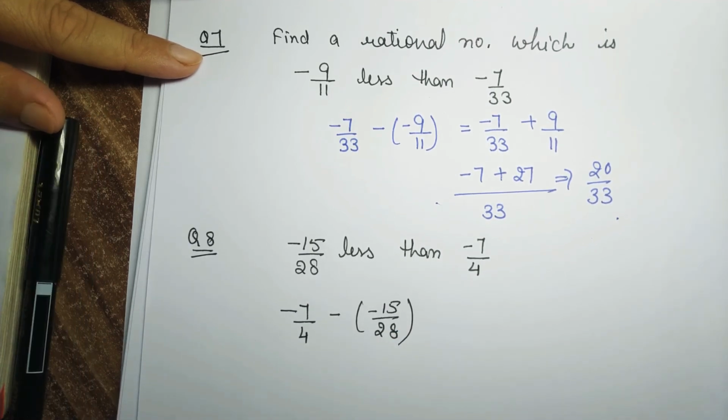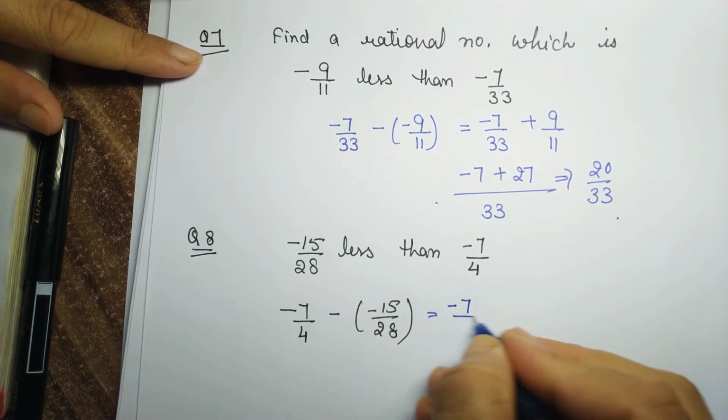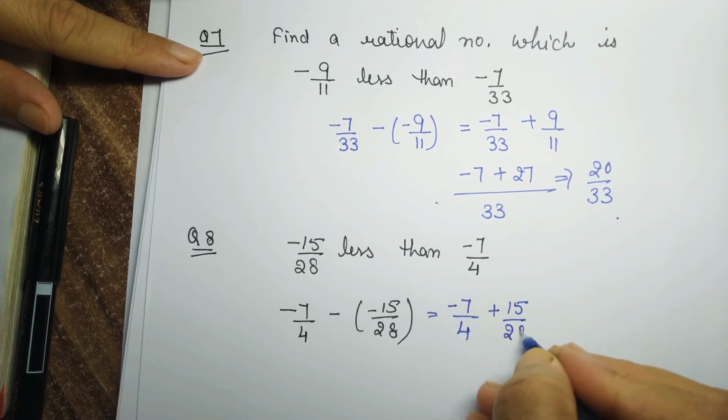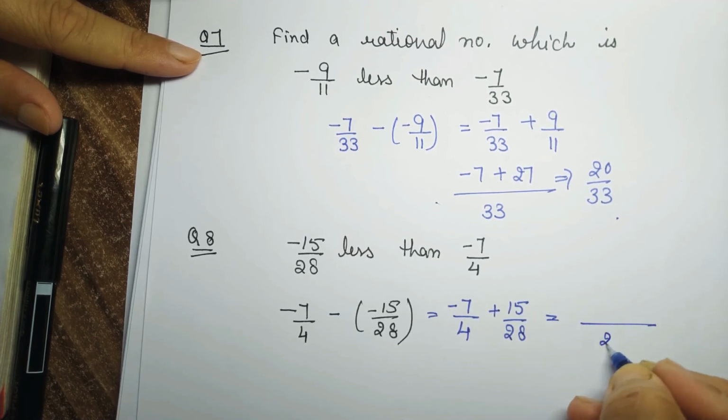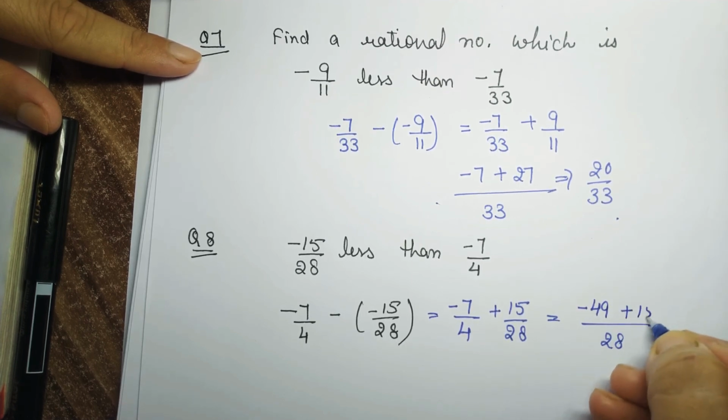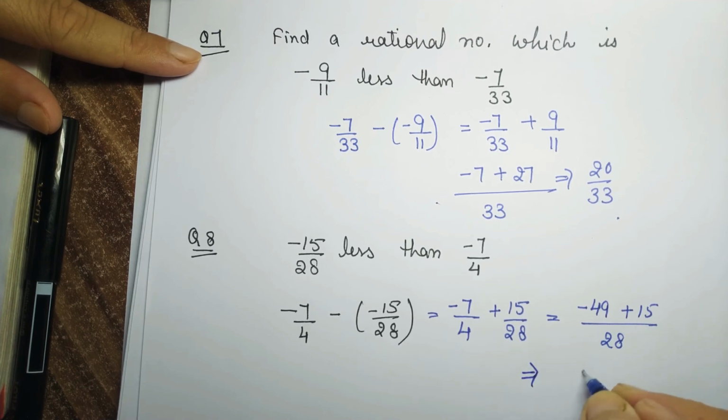So when we solve this one, students, minus 7 by 4 minus plus 15 by 28. The LCM is 28. 4 7s are 28, so 7 7s are 49. Then plus 15. Check it again. 49 minus 15 is 34. So minus 34 by 28 is our answer.